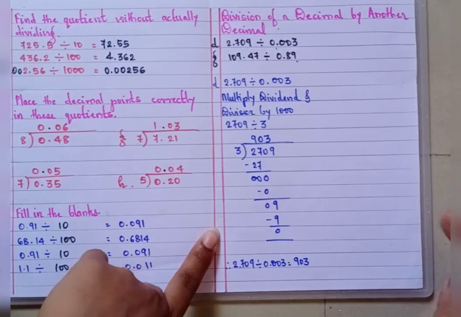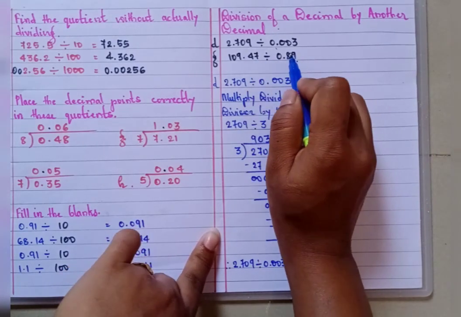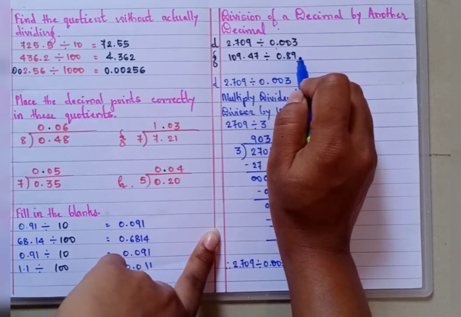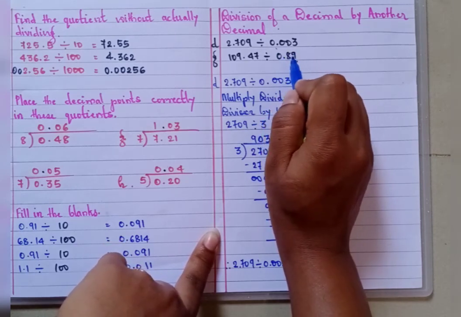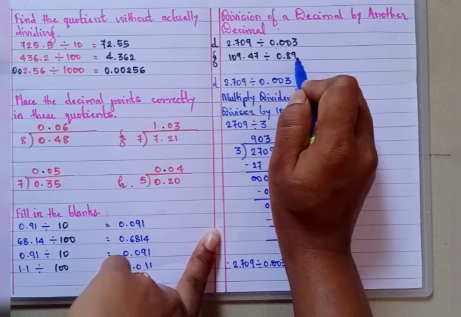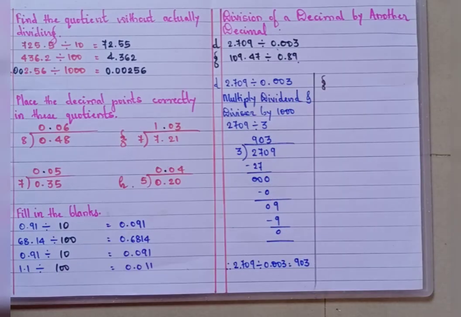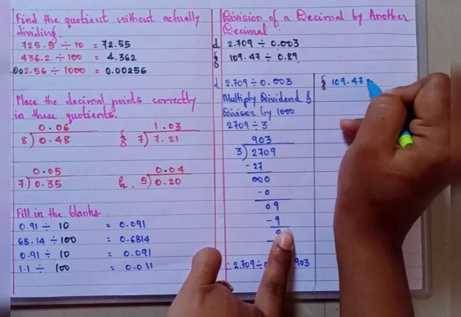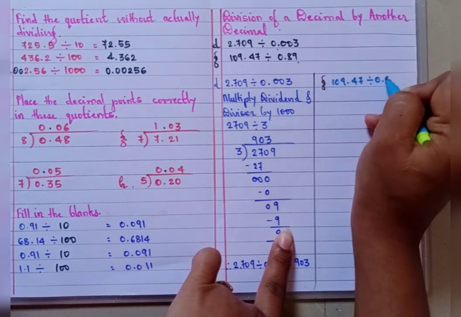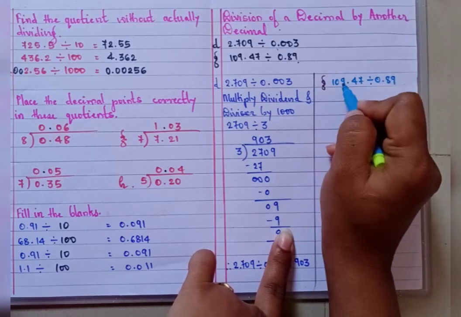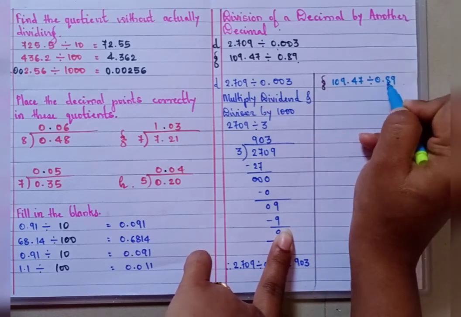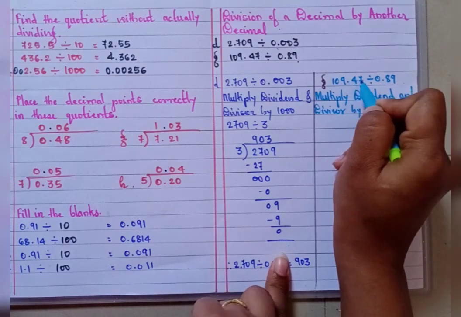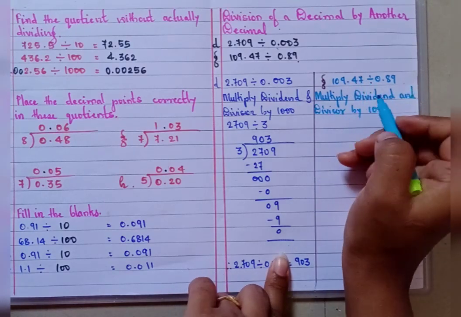Similarly, we are going to solve this next example. We need to shift this decimal point to the right side by 2 places to make this divisor a whole number, that is 89. So let's do that. 109.47 divided by 0.89. Multiply the dividend and divisor by 100. Therefore, after multiplying, this decimal point will shift to the right side by 2 places.